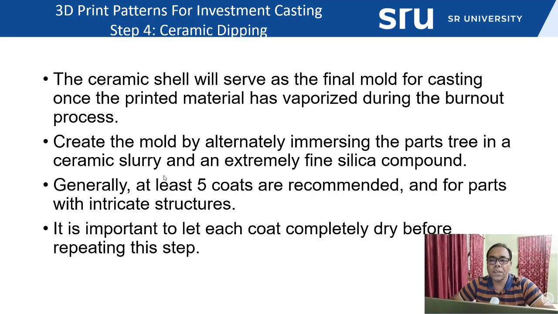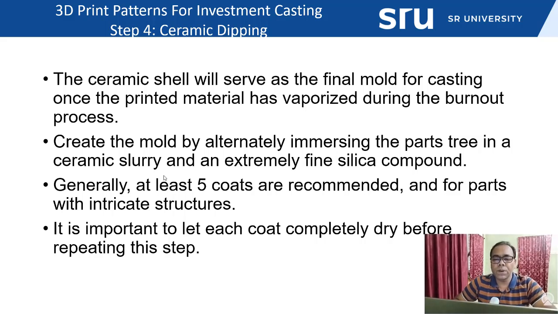After all this is done, you have to perform ceramic coating, or dipping in the ceramic liquid. The ceramic shell will serve as the final mold for the casting once the printed material has vaporized during the burnout process.